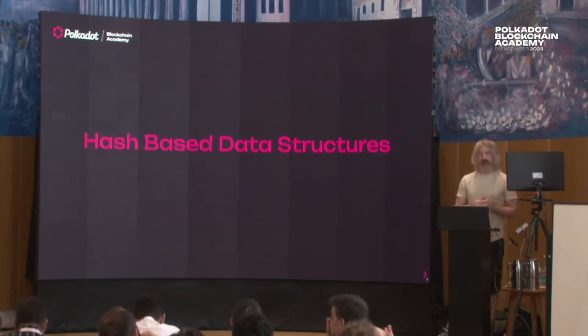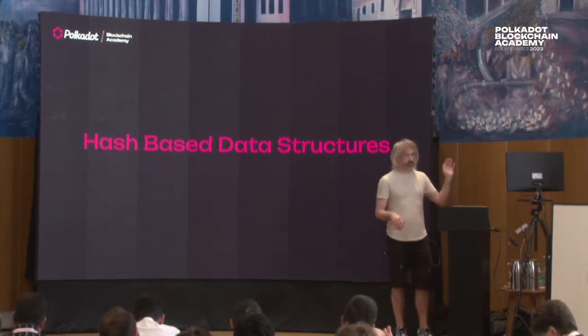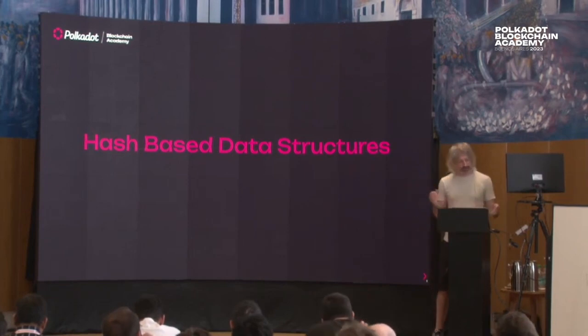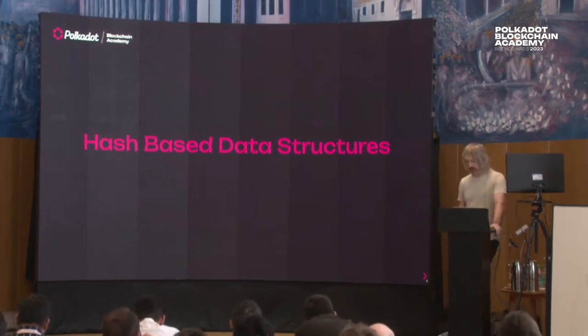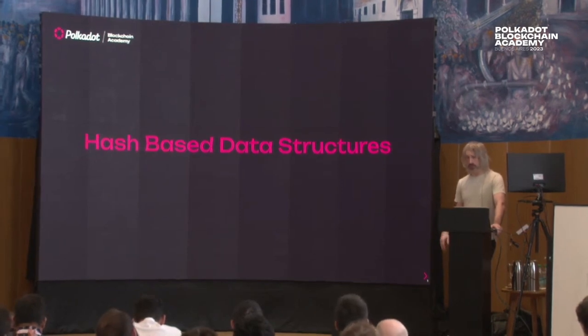They're the underlying thing for Bitcoin, Polkadot, Git, like many of these distributed systems, decentralized distributed systems, really make a huge amount of use of these things. So it's crucial for you to understand, get a solid grip on them.